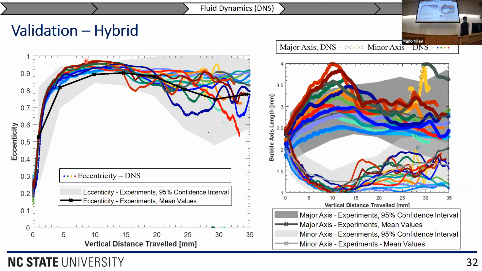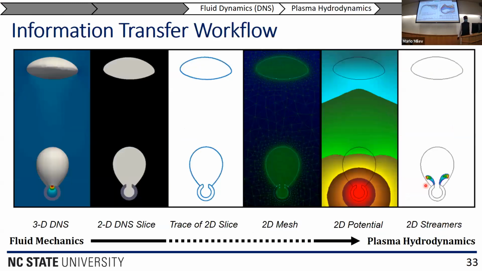And what you see is that while some of the red and green bubbles, which were the higher bubbles up that experienced a more unnatural wake, are deformed more because they experience more acceleration initially because there's no wake in front of them, all of the blue bubbles, which are the bottom layer, which experience the wake of two bubbles above them, fit within that 95% confidence interval, both in terms of eccentricity and the individual ellipse parameters A and B. And so this is good because then we can be more confident in the shapes of the bubbles, or at least the aspect ratios going into the electrodes.